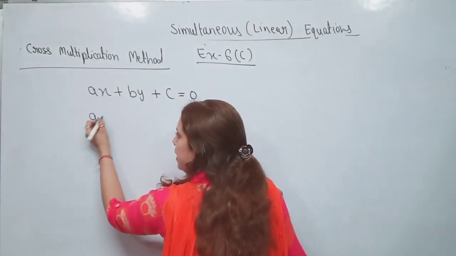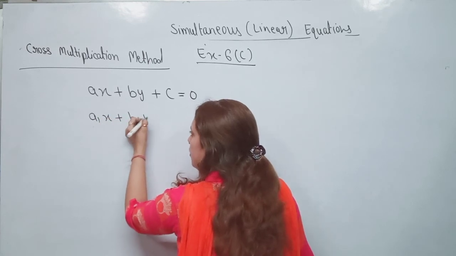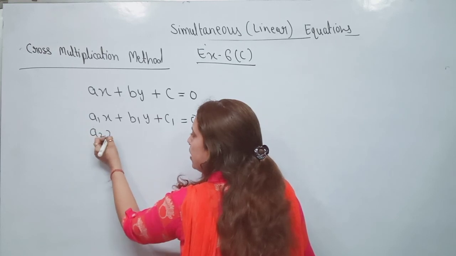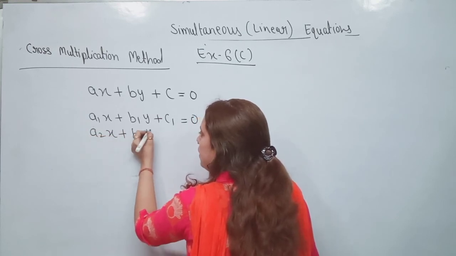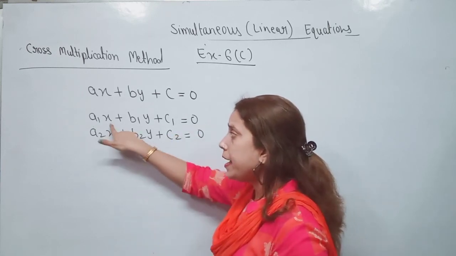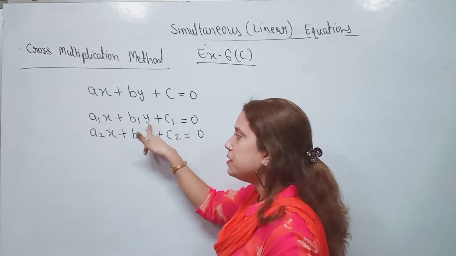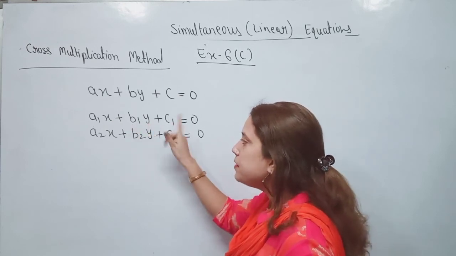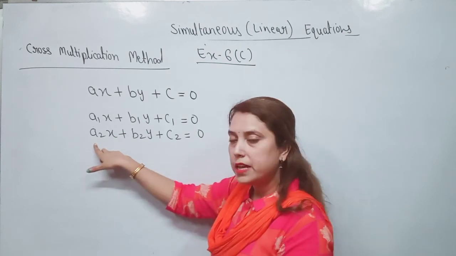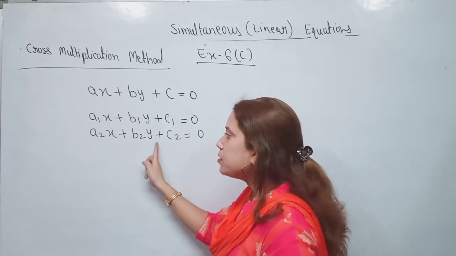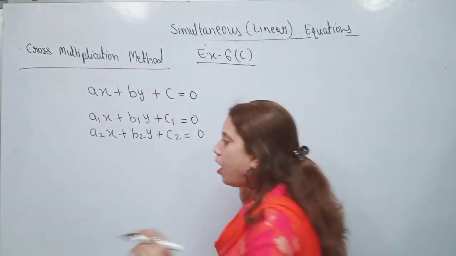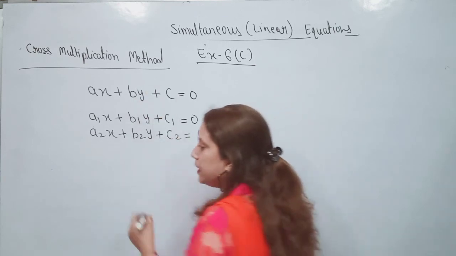First is a1x plus b1y plus c1 is equal to 0, and second is a2x plus b2y plus c2 is equal to 0. Here a1 is the coefficient of x, b1 is the coefficient of y, and c1 is the constant term. a2 is the coefficient of x in the second equation, b2 is the coefficient of y, and c2 is the constant term. Okay, so how do we find the solution by the cross multiplication method?